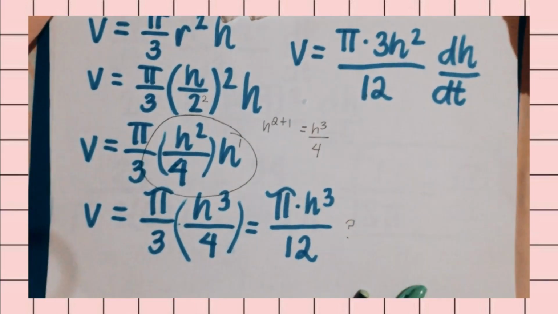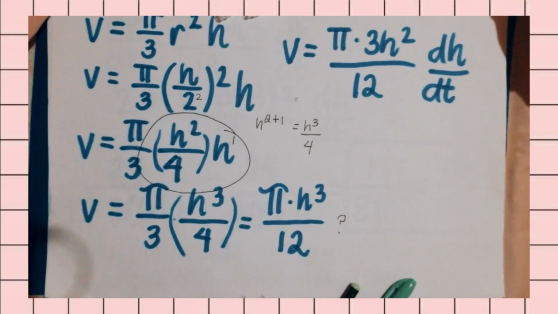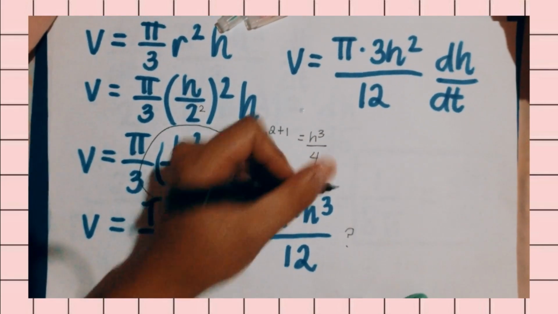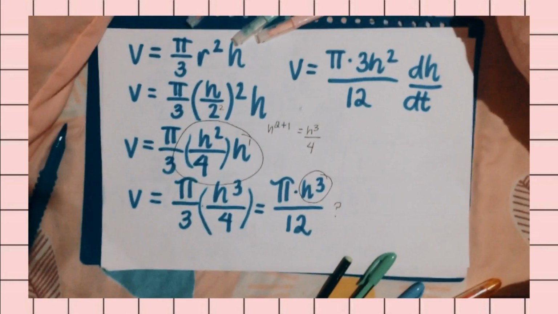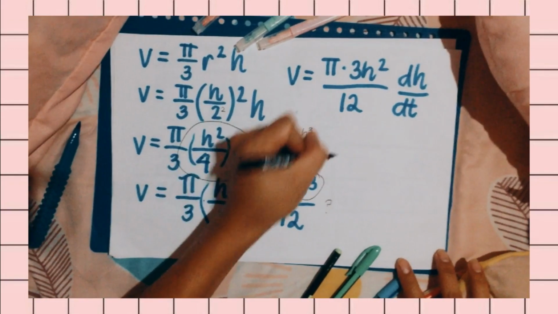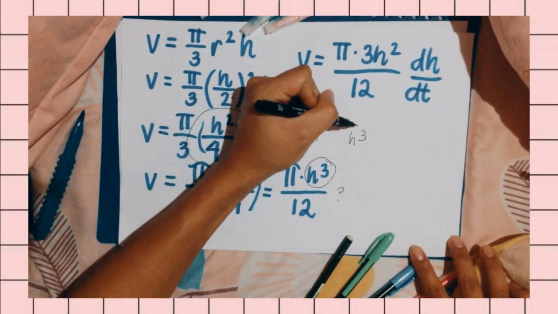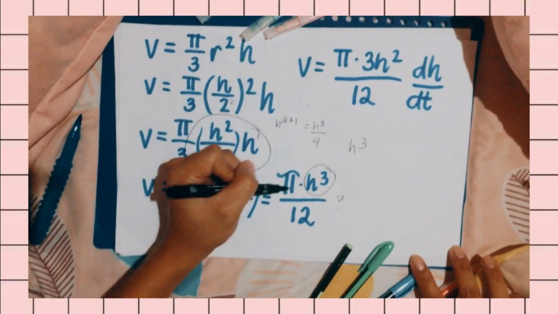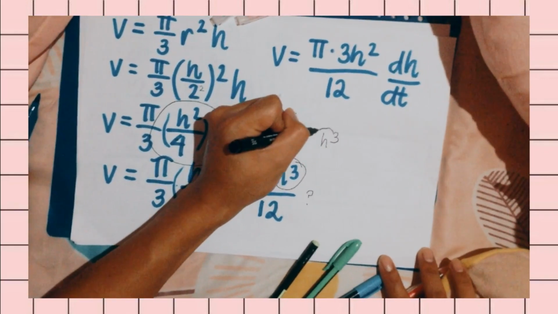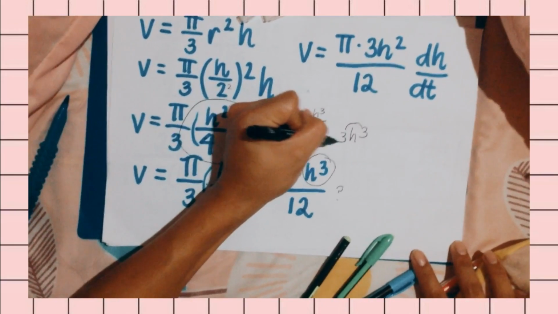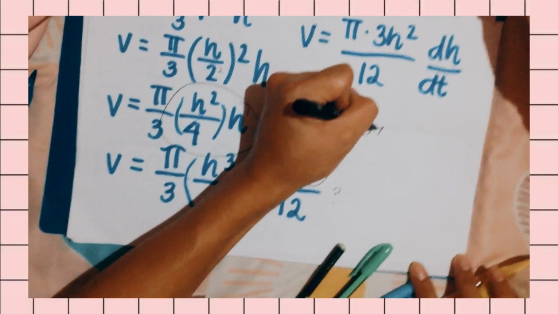In this portion, we will use implicit differentiation. So we are going to differentiate h cubed. How to differentiate h cubed? First, identify the exponent. The exponent here is 3. Move the exponent down as a whole number, 3. Now subtract 1 from the exponent.